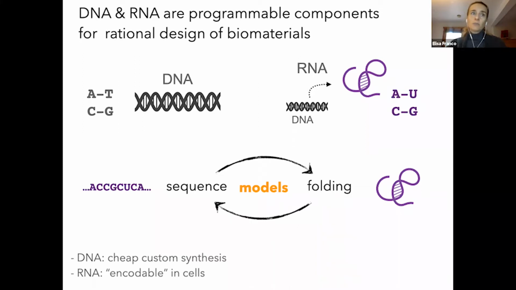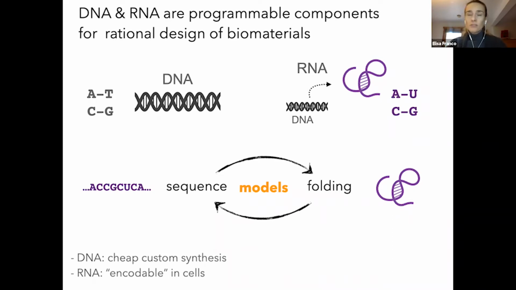And of course, it helps that DNA is custom synthesizable, and it's very cheap. And an advantage of RNA is that it can be encoded in DNA and potentially expressible in cells. So these are very interesting materials to work with. All right, so this is basically the high-level spiel of why we do what we do.